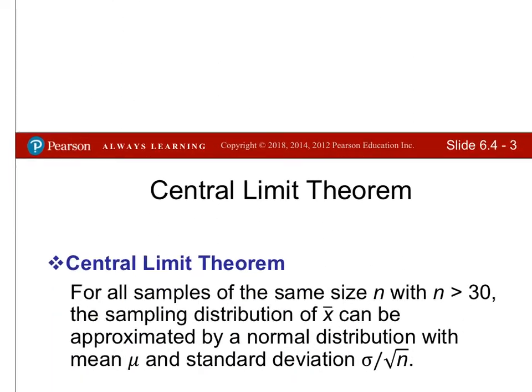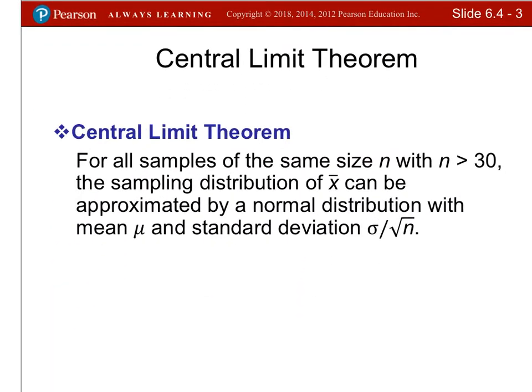So that's good. So basically, here's the official central limit theorem: for all samples of the same size n, with n greater than 30, the sampling distribution of x bar, of the mean, can be approximated by a normal distribution with a mean of mu, in other words, the population mean, and with a standard deviation of sigma over the square root of n, or rather, the standard deviation of the population over the square root of n.